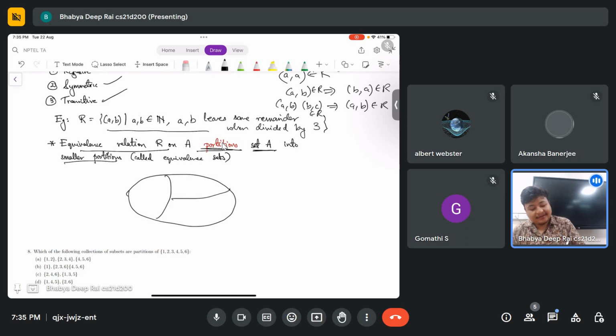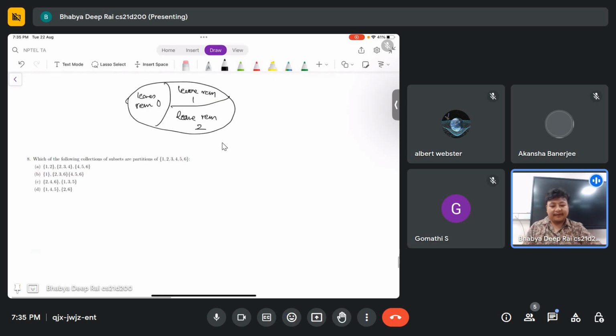It partitions the set into those that leave remainder 0, those that leave remainder 1, and those elements that leave remainder 2 when divided by 3, and it exactly partitions them. You should have seen it in the lectures, but I'll be moving on.